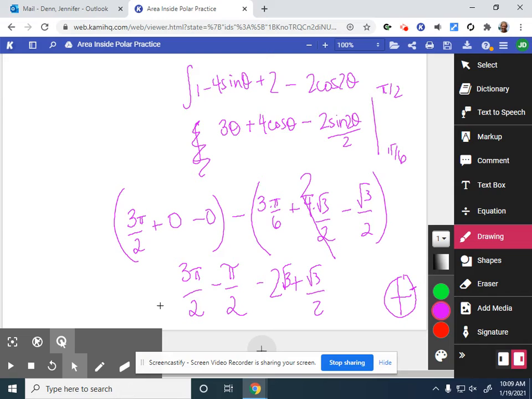So if I want a final answer on this, I will have 3 pi over 2 minus pi over 2 is 2 over 2. So I'm going to have pi, and then 2 root 3 plus this is going to be minus 3 over 2 root 3. Maybe I'm right, maybe I'm wrong. Who knows? But that's what I have for that one.